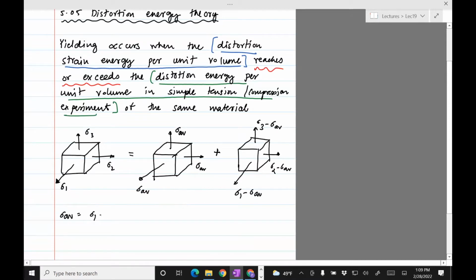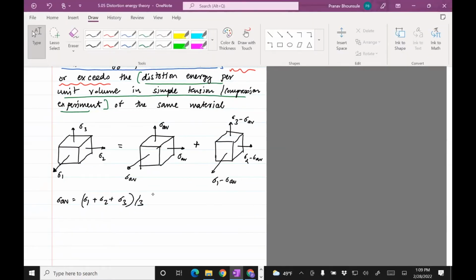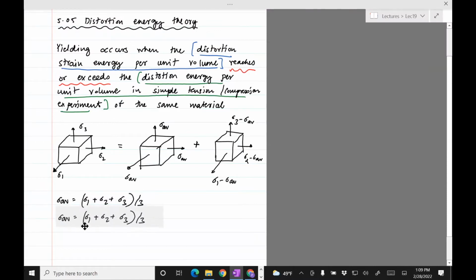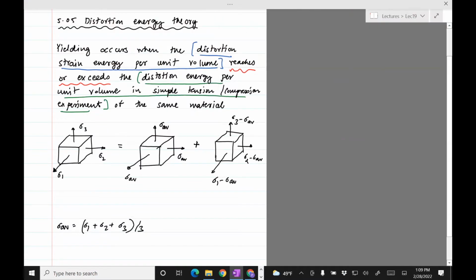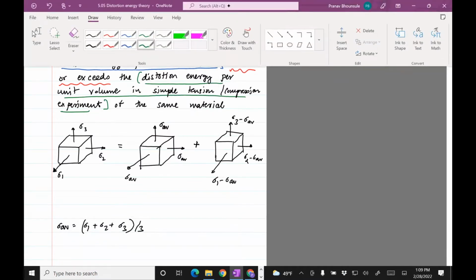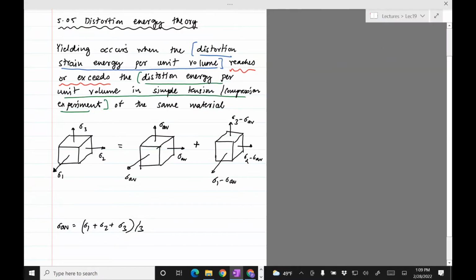Sigma average is just the mean of the stresses. You can see that if you add the stresses on the right side, the components in x, y, z, you will get the thing on the left because it's a superposition. That is, you can add the stresses to sum them up.